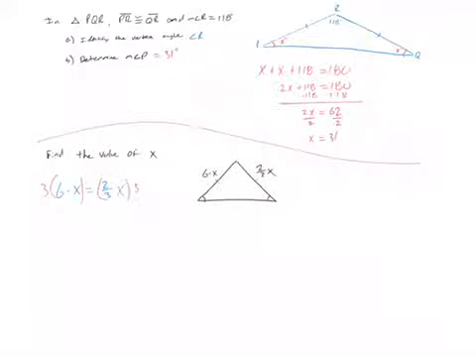I end up with 18 minus 3x, because I'm distributing, is equal to 2x. I'm going to add 3x to both sides: 18 is equal to 5x. Dividing by 5, x is equal to 3.6.